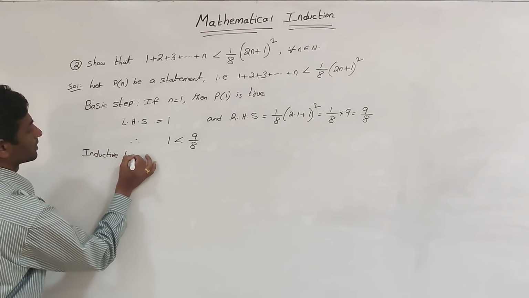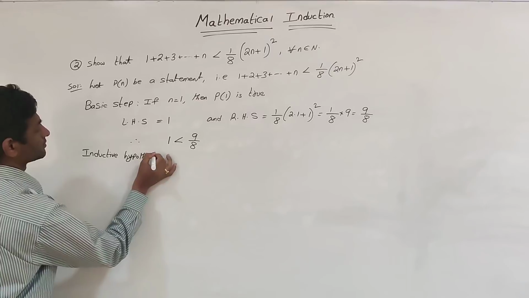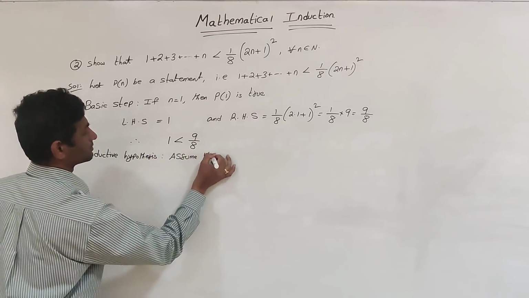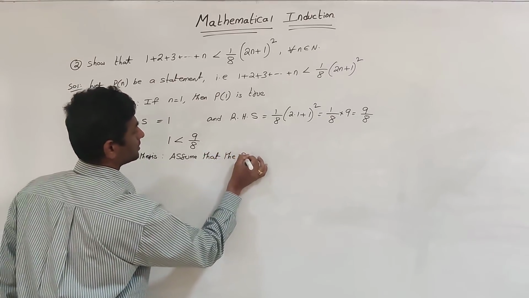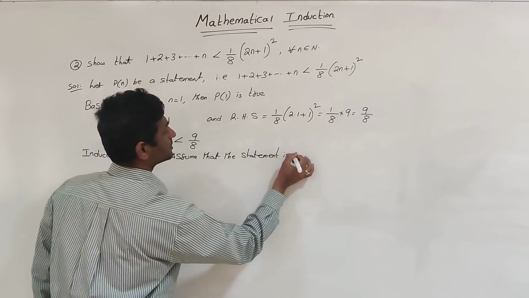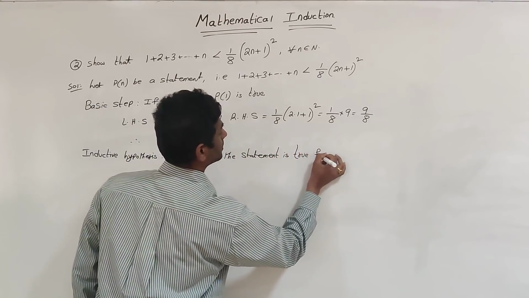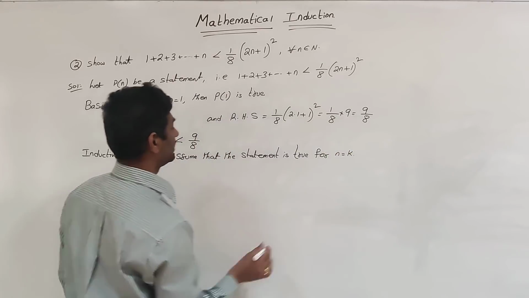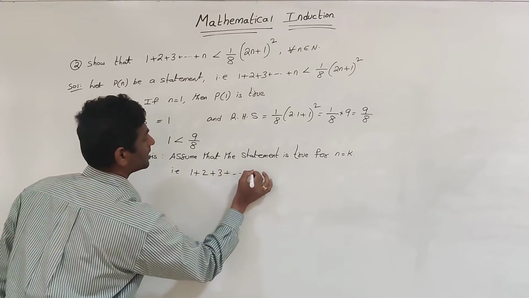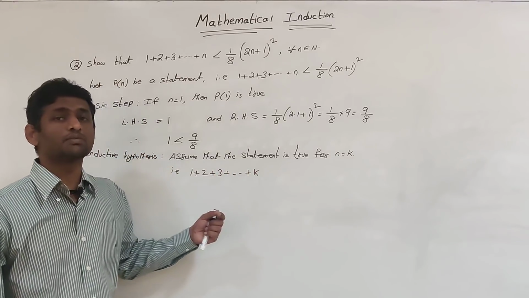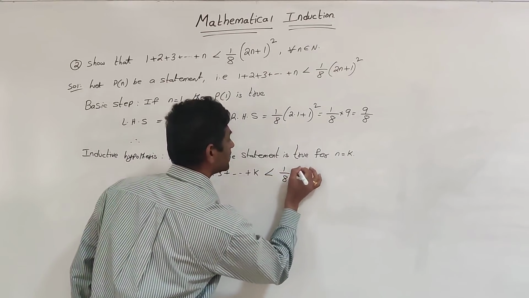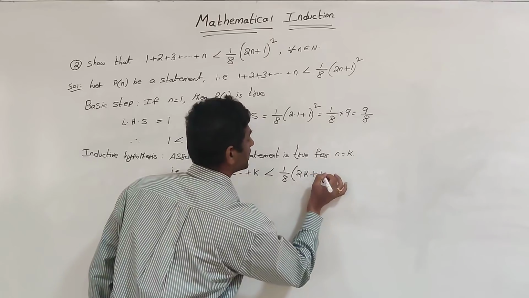Inductive hypothesis. That is, assume that the statement is true for n is equal to k, that is 1 plus 2 plus 3 plus so on plus k, on the left hand side the sum of k natural numbers, is less than 1 by 8 times of (2k plus 1) whole square.